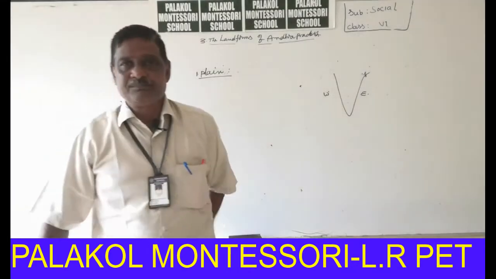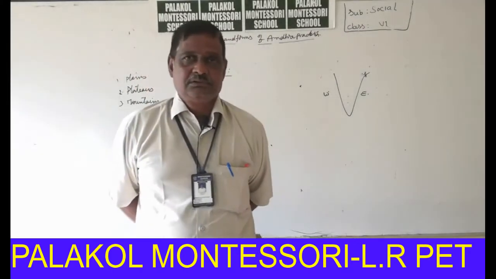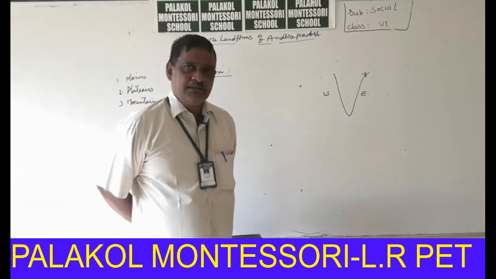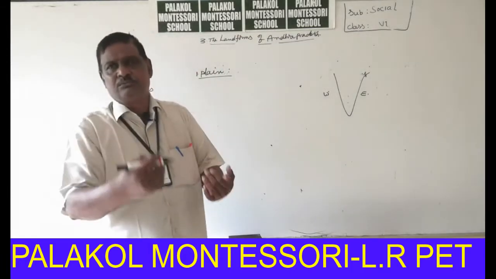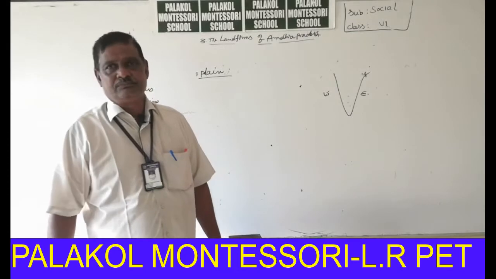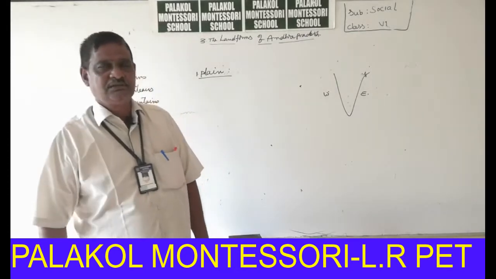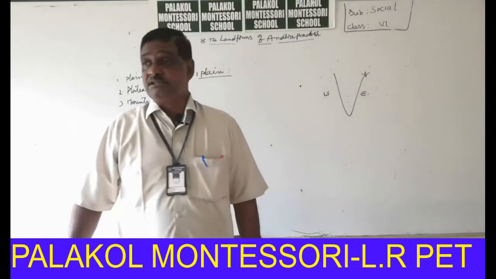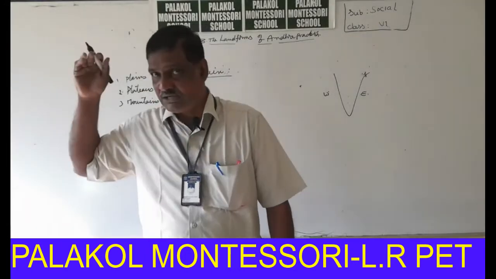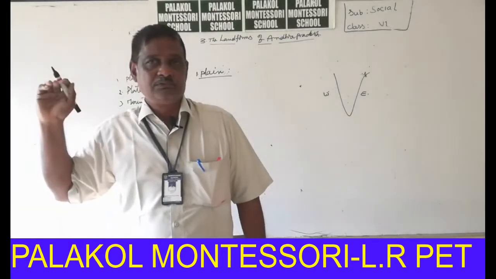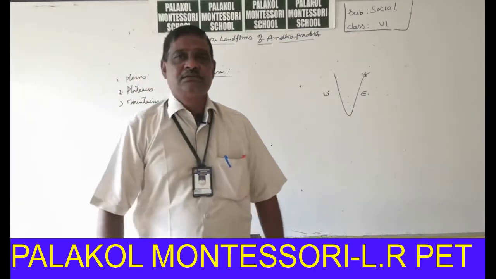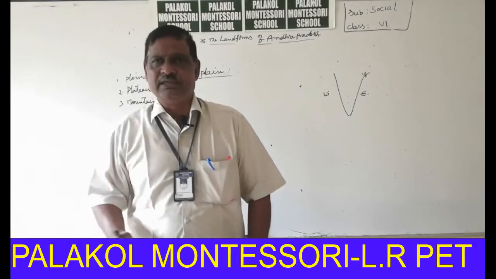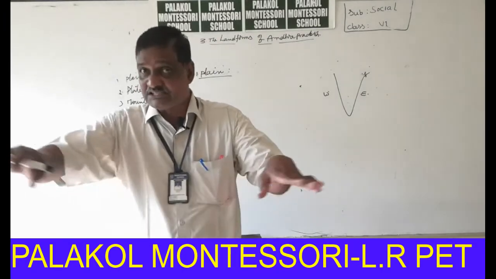Example, can you say? I am giving a clue: playground. In your school campus, you play volleyball, cricket, kabaddi, whatever game you play in your school campus, that is called a playground.